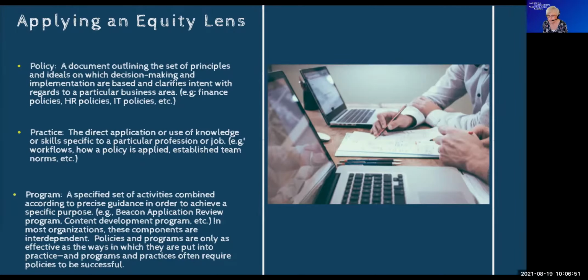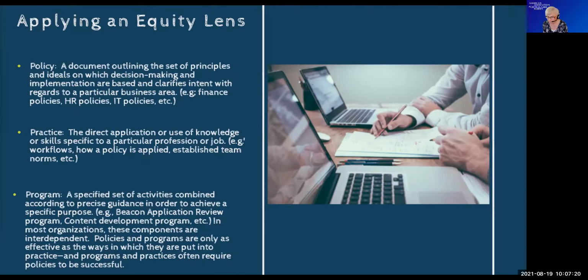A practice is the direct application or the use of knowledge or skills specific to a particular profession, like workflows, how a policy is applied, what are the norms, both written and unwritten, that might be subject to benefiting or burdening one group over another.